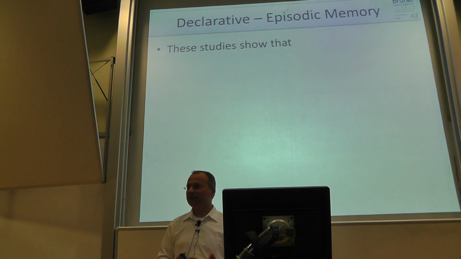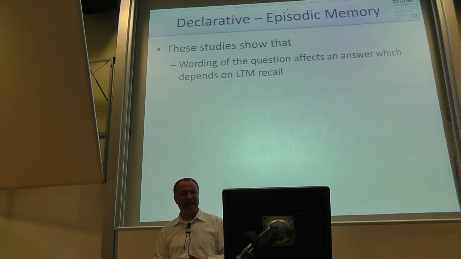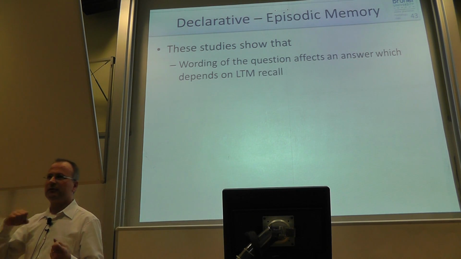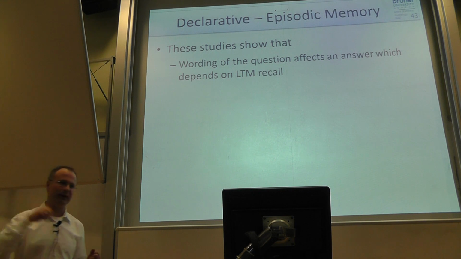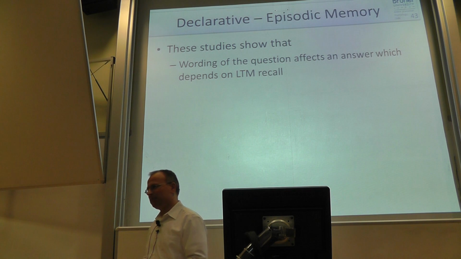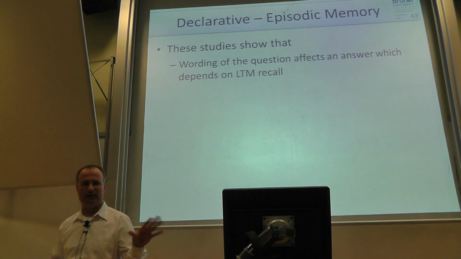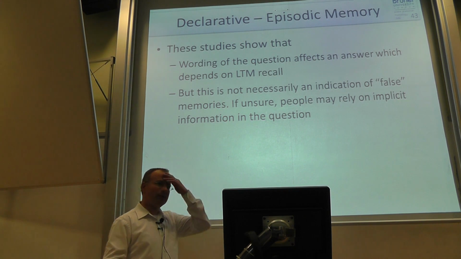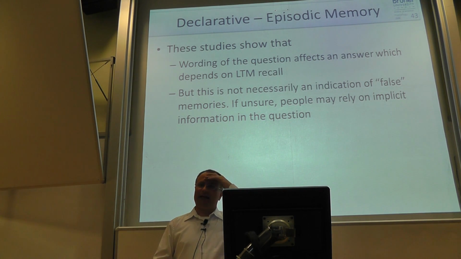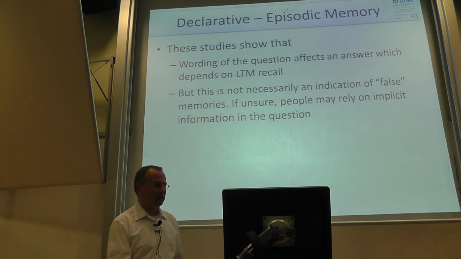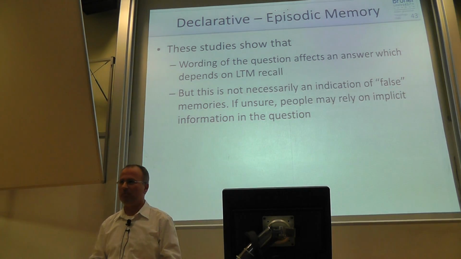Okay, so what do these studies show? They basically show that when we recall information from our long-term memory, the answer we give may be influenced or affected by the way the question is phrased. However, what we should be aware of is that this is not necessarily an indication of false memories or manipulation.